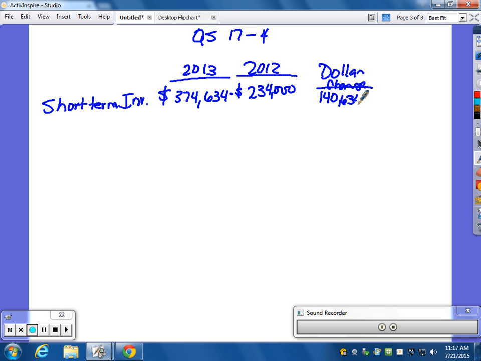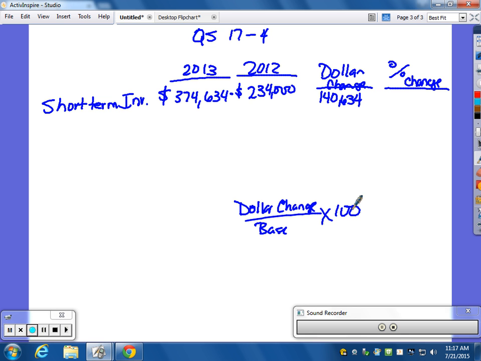And how are we going to find the percent change? We use the dollar change divided by the base amount, which is the 234,000. So dollar change divided by base, multiplied by 100, equals percent change.